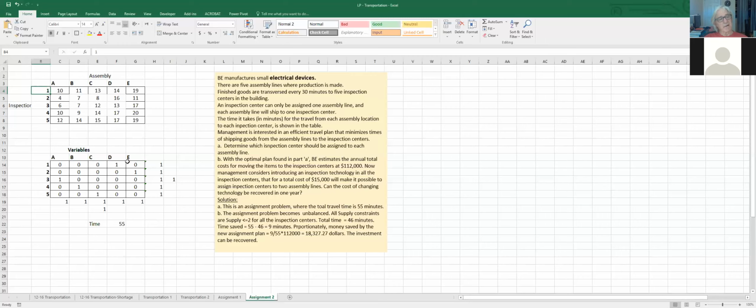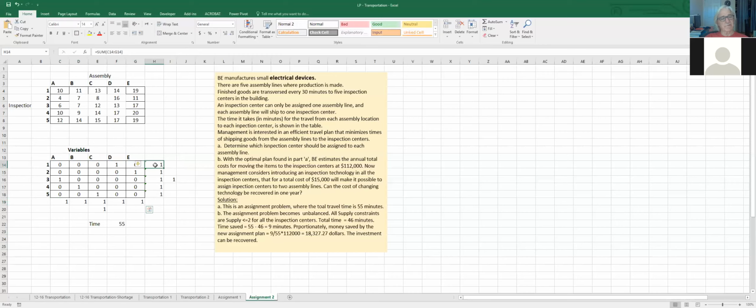Create a new table for the variables here. Sum all the rows here, to represent the assignments of inspection centers to one assembly line. And then sum all the columns here to represent the assignments of all assembly lines to a single inspection center.